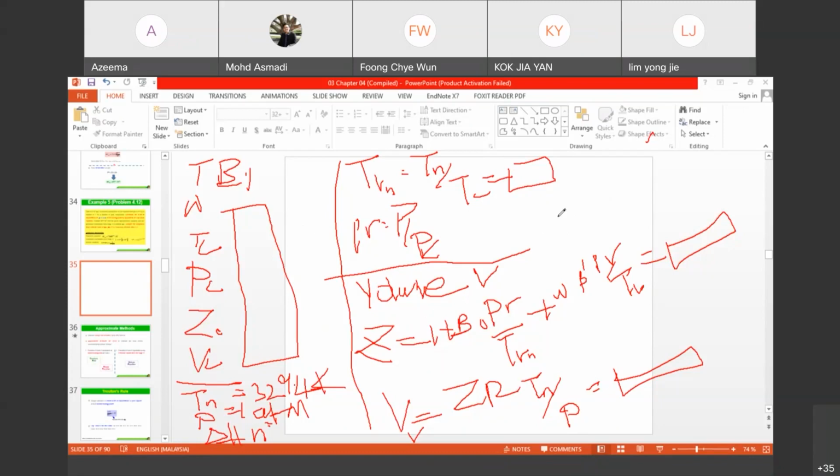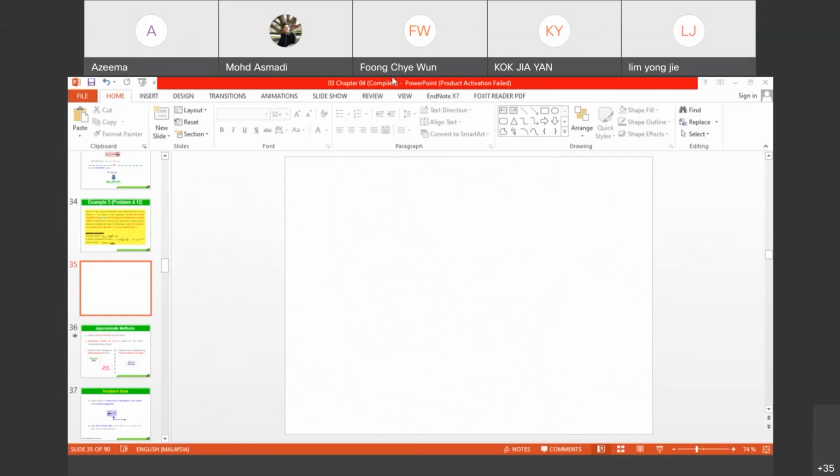Next, we have to determine liquid volume.